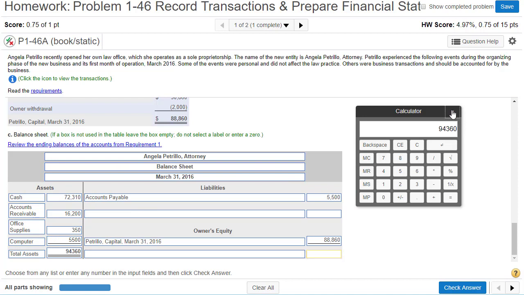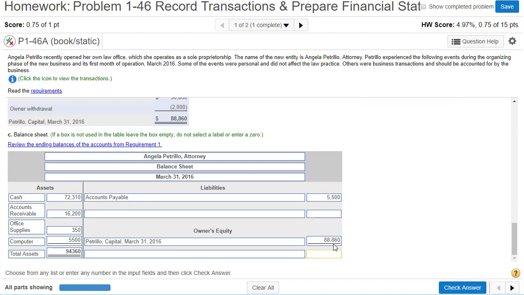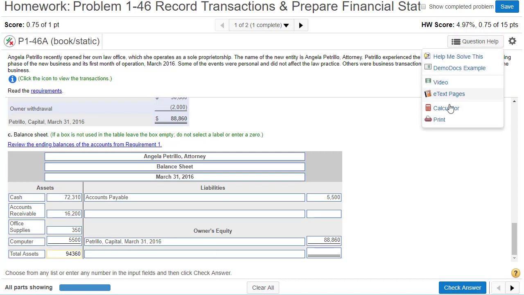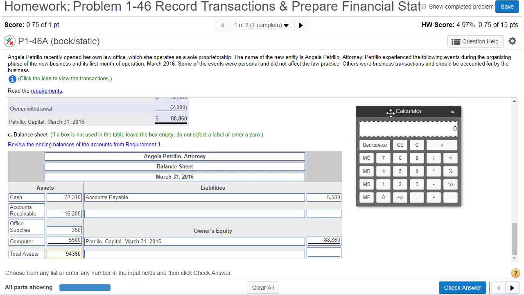And now here's where students hope and pray that liabilities, 5,500 plus this ending capital is the same as our total assets. It has to be, right? Otherwise, we've done something wrong.